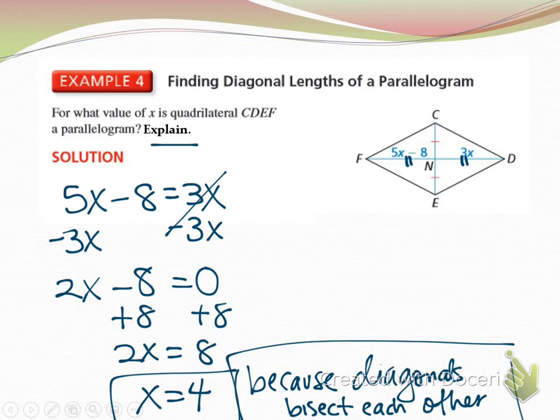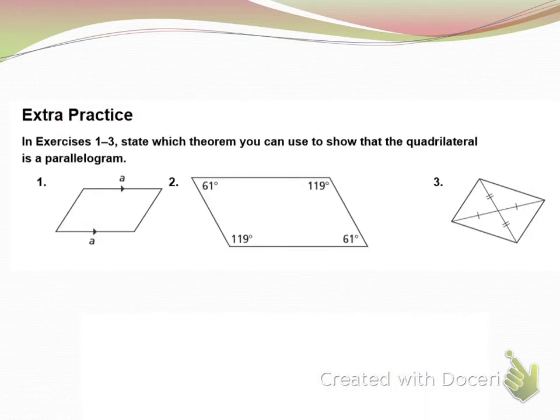Alright, we got our last page. So this is what a question would look like. State which theorem you can use to show that the quadrilateral is a parallelogram. Number 1, what are we given? We know the opposite sides are indeed parallel.